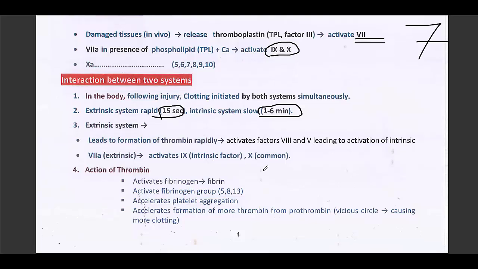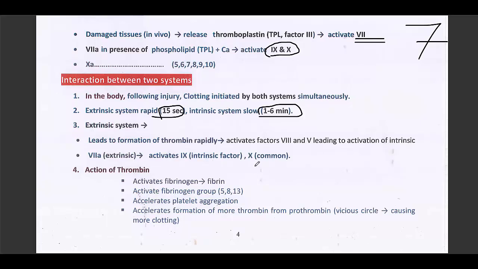The extrinsic pathway leads to rapid formation of thrombin, because it takes less time, and it activates factors number 8 and 5, leading to activation of the intrinsic pathway. Factor 7A, which is in the extrinsic pathway, activates factor number 9 in the intrinsic pathway, and factor number 10, which is common.